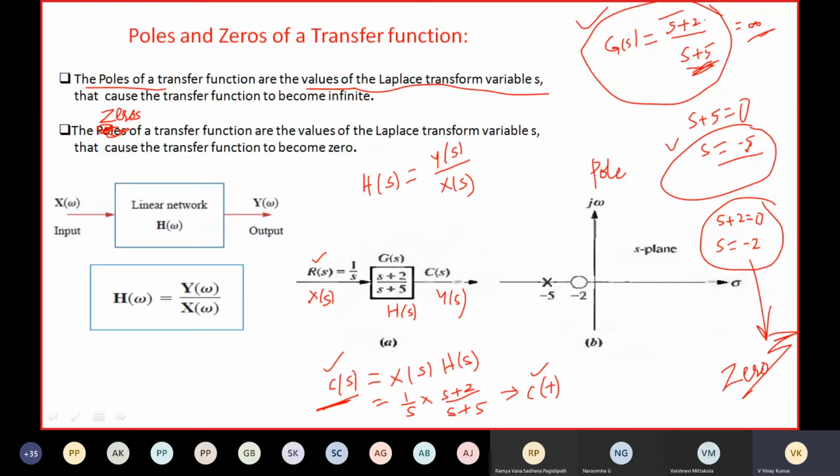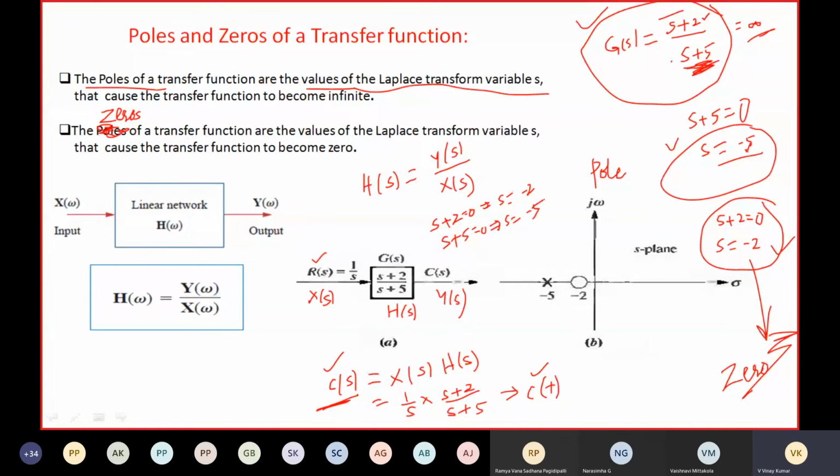Or simply take the transfer function and make the numerator equal to 0, then you get zeros. Making s plus 2 equal to 0 means s is equal to minus 2, which is the zero of a transfer function. Making the denominator equal to 0 means you get poles. S plus 5 equal to 0, then s is equal to minus 5.